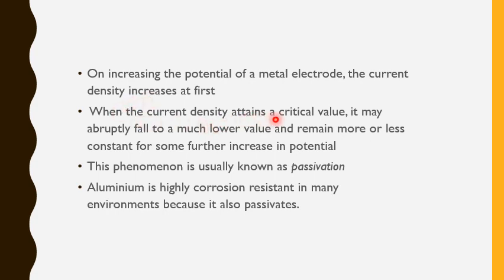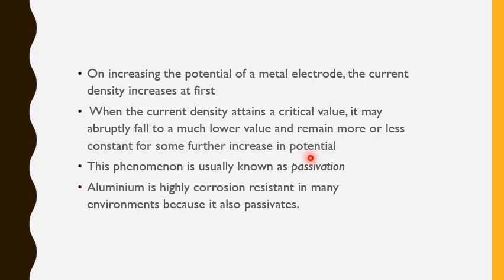When the current density increases and reaches its maximum value, this value is called the critical value of current density. Then after reaching the critical value, current density abruptly falls to a much lower value. It is a natural phenomenon for metals that once the current density reaches the critical value, it decreases to a very low value and becomes constant for further increase in potential.